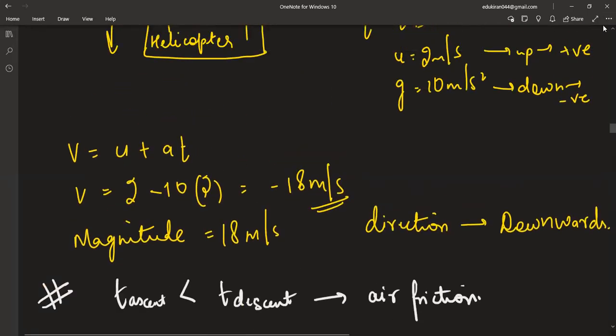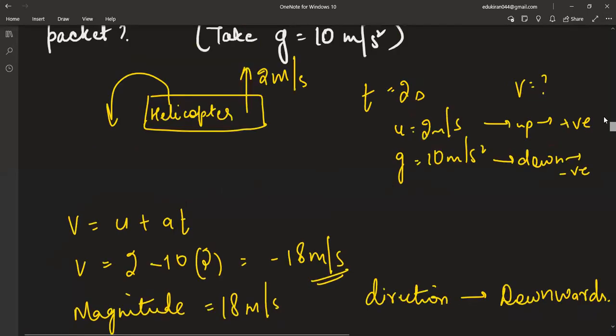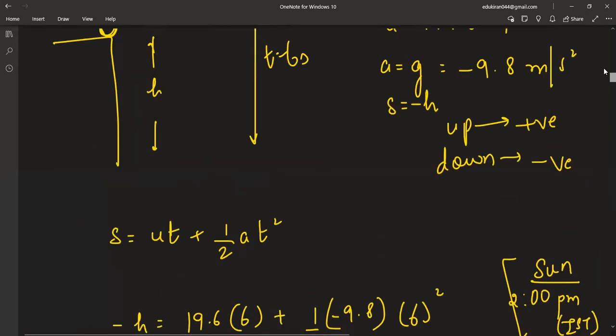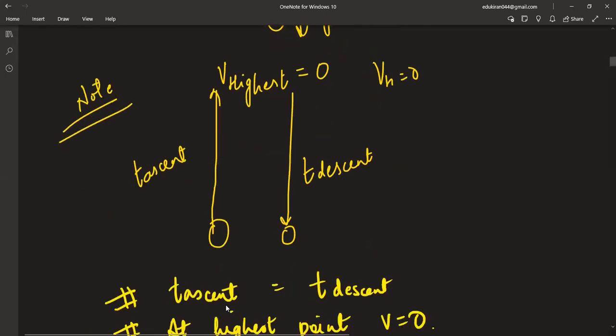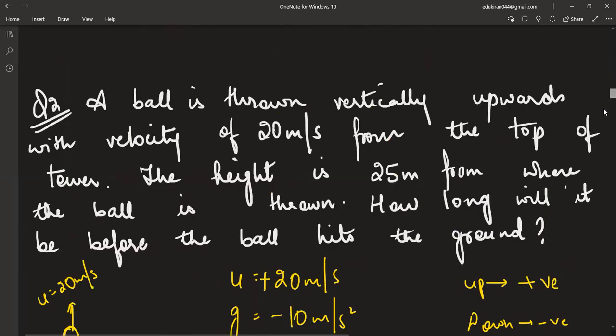Okay, one more point, class. In the last class, I told you time of ascent means when the particle moves upwards, right? This is time of ascent. And when the particle reaches the highest point, velocity at the highest point becomes 0, and then the particle comes down. This is time of descent. So time of ascent is equal to time of descent. This is the case when no dissipative forces are present in nature.